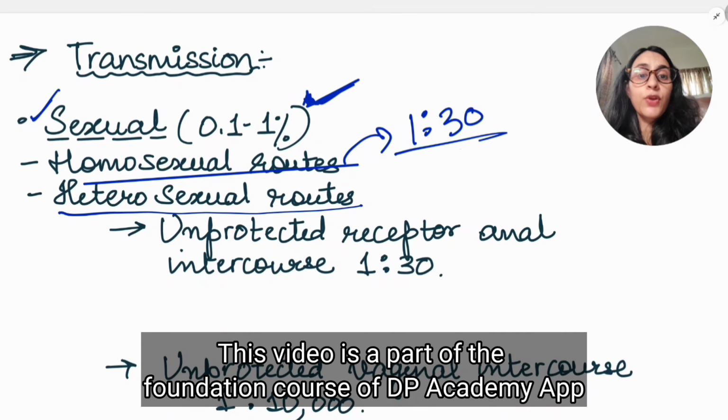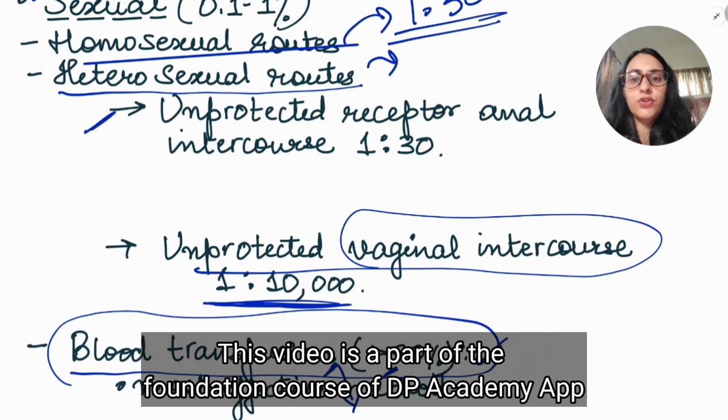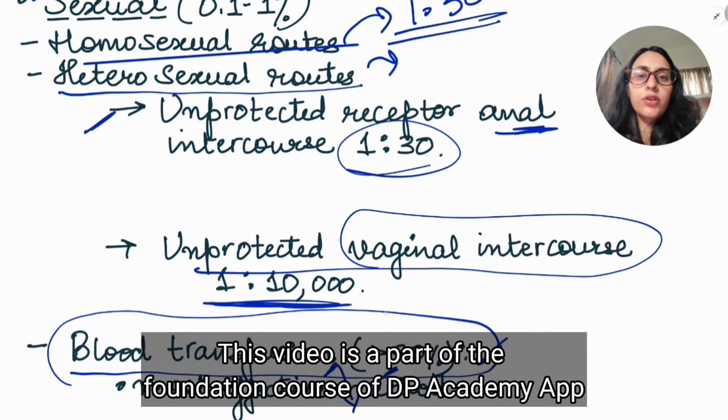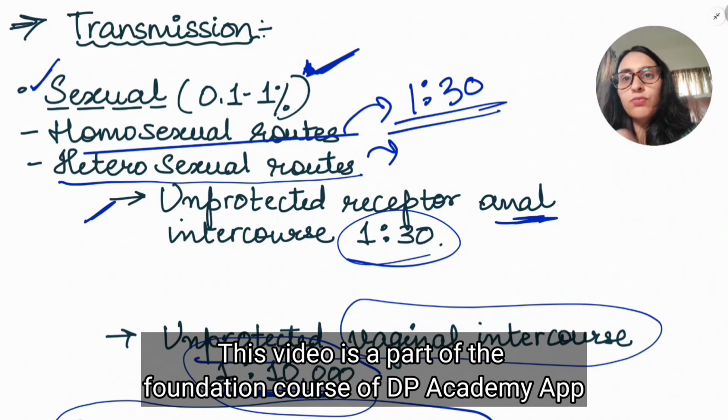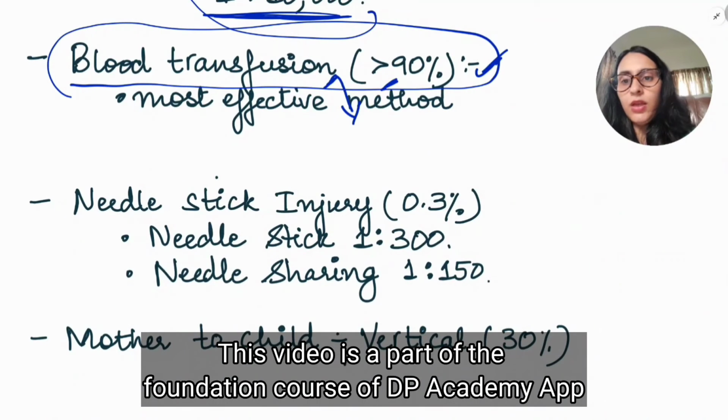So homosexual is 1 in 30. So 1:30, that has got a high incidence. Heterosexual, on the other hand, that is vaginal intercourse, the incidence is quite low as compared to the homosexual. Homosexual, the anal intercourse has got 1:30, while on the other hand, heterosexual, it is 1:10,000. So that is why HIV is more commonly transmitted in homosexual people.